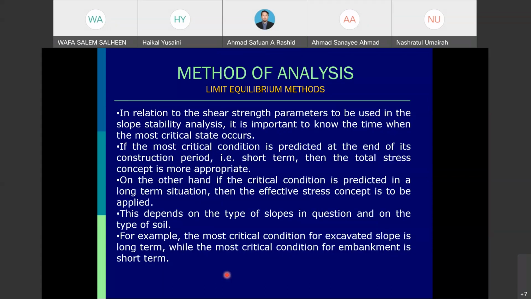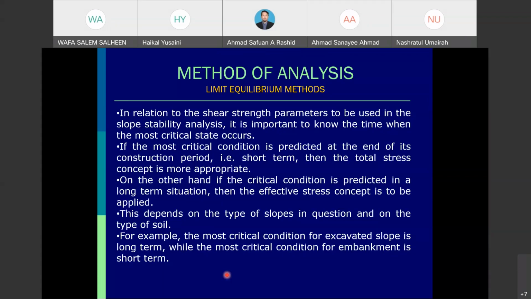Short term refers to the end of the construction period, meaning right after we complete the construction, so we use the short-term analysis.